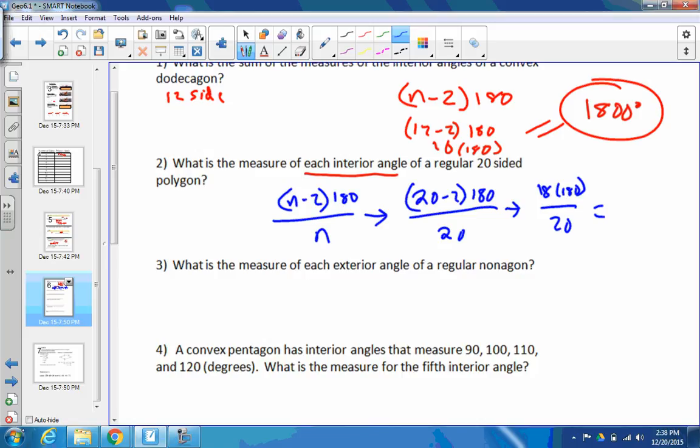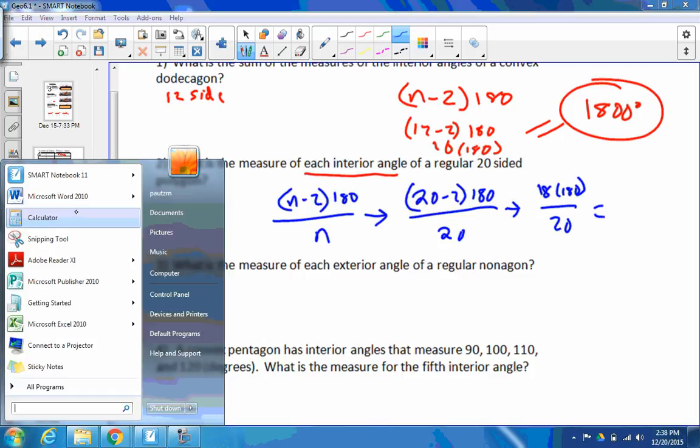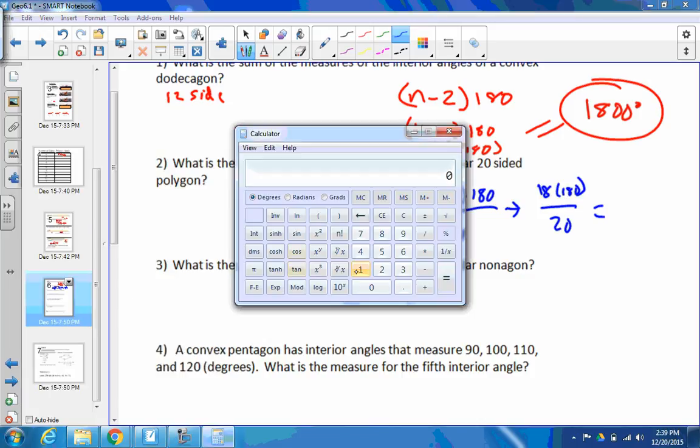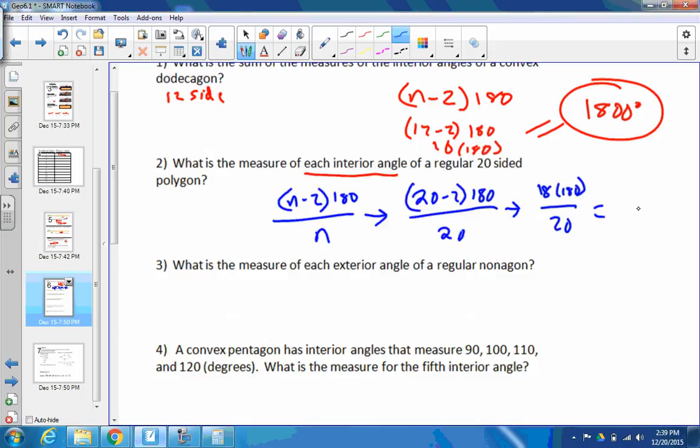I'm going to use a calculator for that. So 18 times 180 is 3,240, the total inside of a 20-sided figure. Divided by 20 sides, that's 162. So that'd be 162 degrees for each angle.